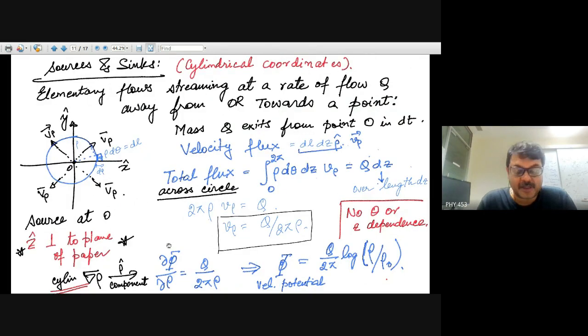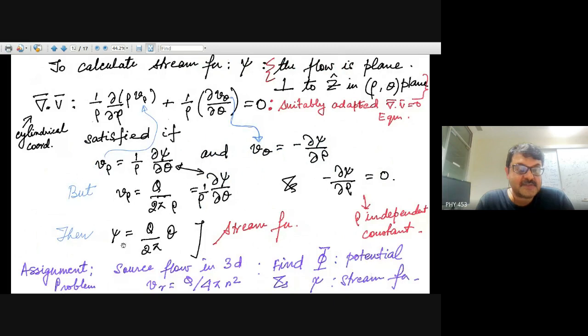But at the moment, I'm just putting it next to each other so that you don't confuse. One is the velocity potential and one is the stream function. The velocity potential for cylindrical coordinates looked like log rho by rho 0. The stream function, on the other hand, is linearly dependent on theta, right?